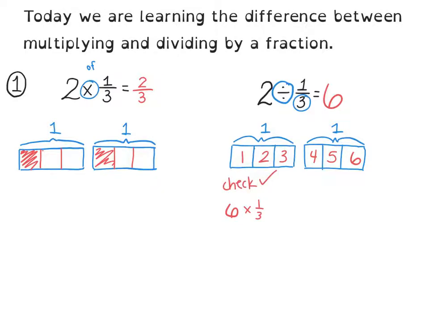Equals, and we can do the same thing. Our denominator stays the same, and then 6 times 1 is 6, which equals 2. Here I have 2, and that is what I started with right here. So my answer is 6.